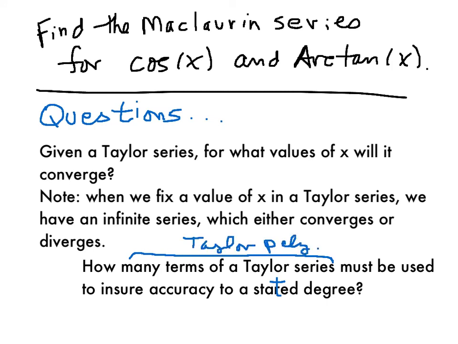And the question is, how many of these terms must we use in order to be sure that we are within 0.0001 of what the actual value of that function is? And so both of these questions will be answered in the next section or two, and they're really at the theoretical heart of what we do with Taylor series.